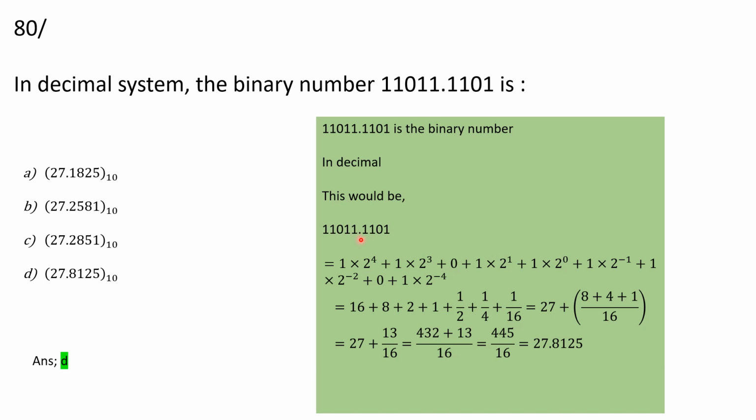And after the decimal point, we have plus 1 into 2 to the power minus 1, 1 into 2 to the power minus 2, 0, and plus 1 into 2 to the power minus 4. And by adding all these values, we'll find the final result as 27.8125, that is option D.